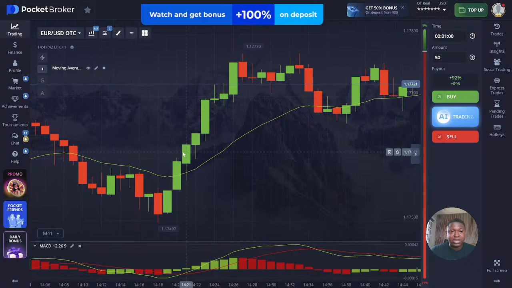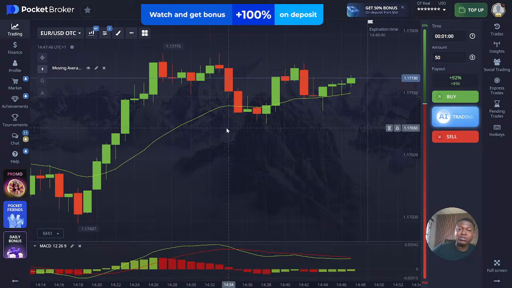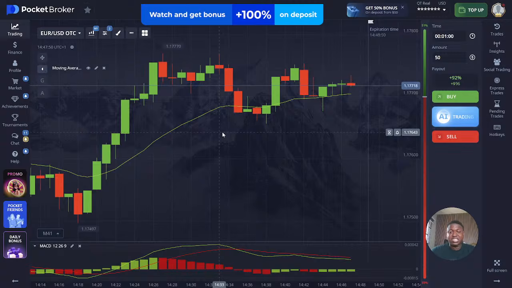If you find a good entry, you trade. If you cannot find a good entry at that moment, leave the market. You see, we have checked several assets, they didn't give us a good entry, so we left. That is how not to trade with emotions. As a good trader, don't trade with emotions, don't overtrade. If you are not finding an entry, leave it or wait.